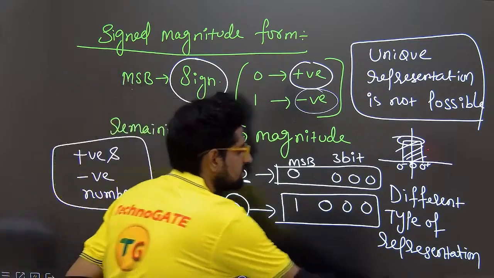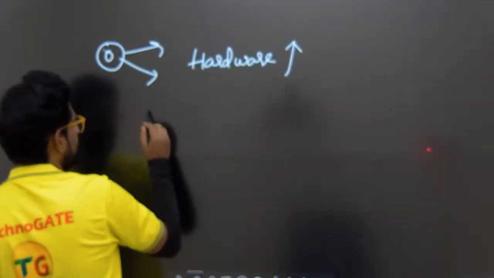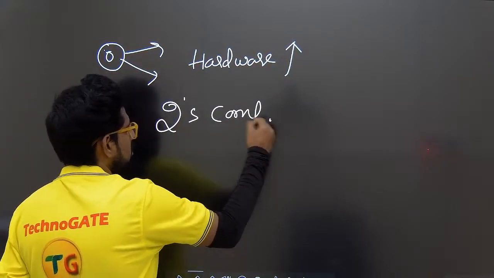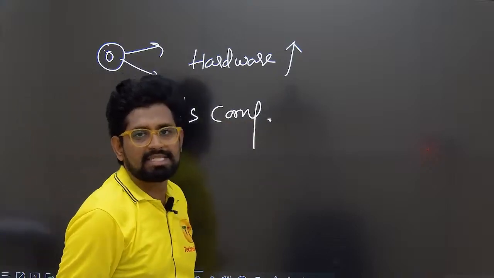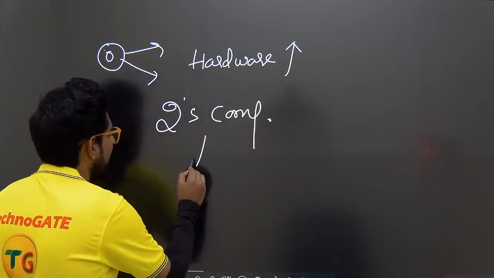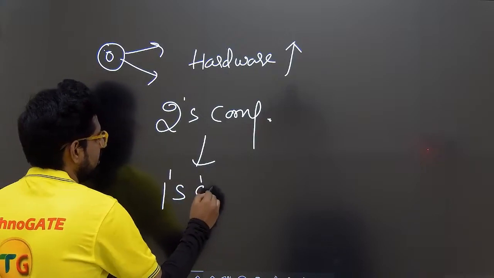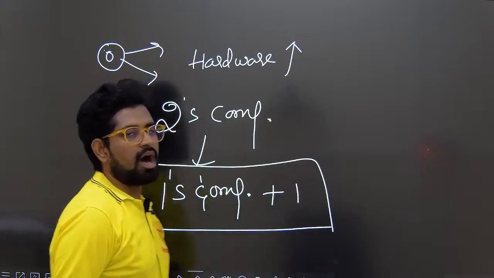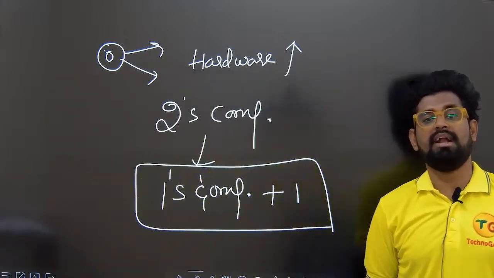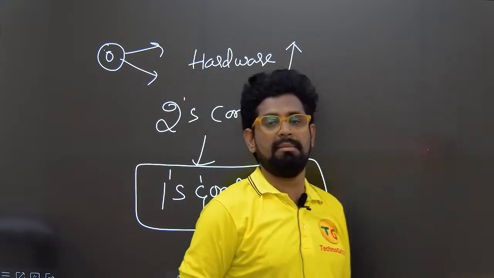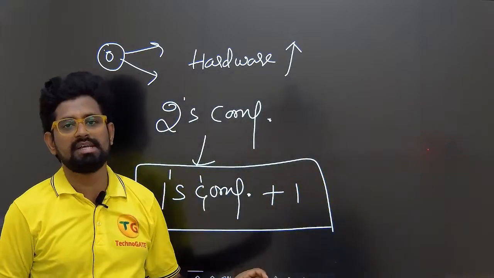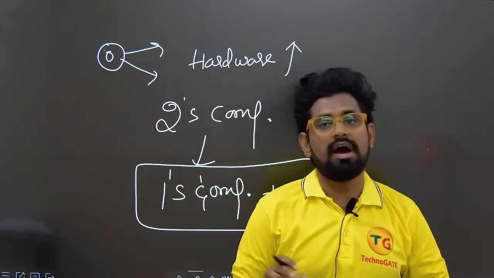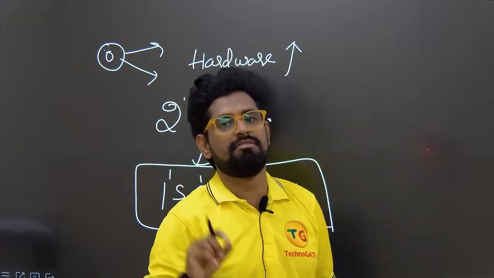To overcome this type of problem, to avoid this, we are going to use 2's complement. This 2's complement is generally obtained by adding 1 to the 1's complement. The advantage of 2's complement is that unique representation is possible. Plus 0 and minus 0 both take the same representation.